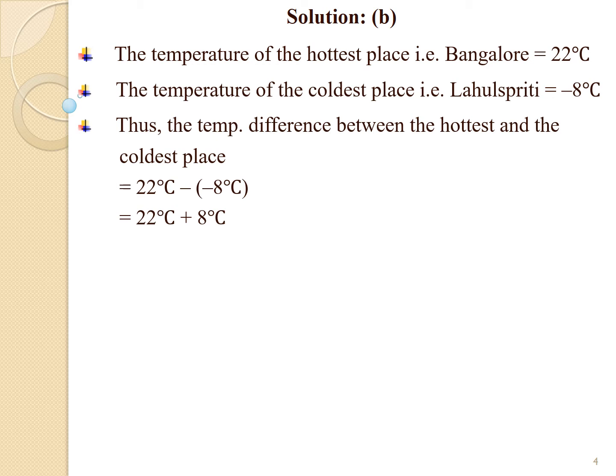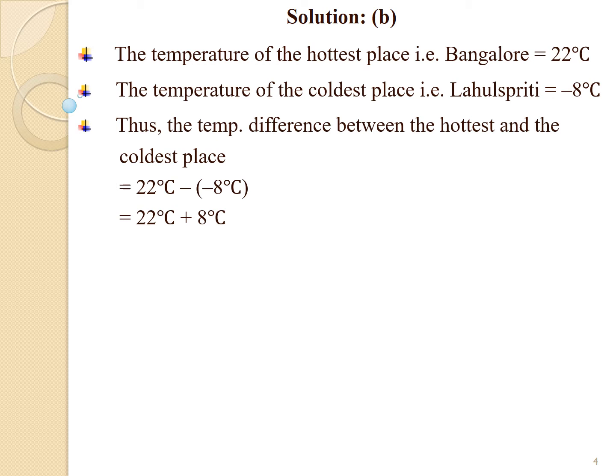Students, now we have to follow the rules of addition of integers. As both the integers have a common sign, that is plus sign, that is both the integers are positive, we have to add.